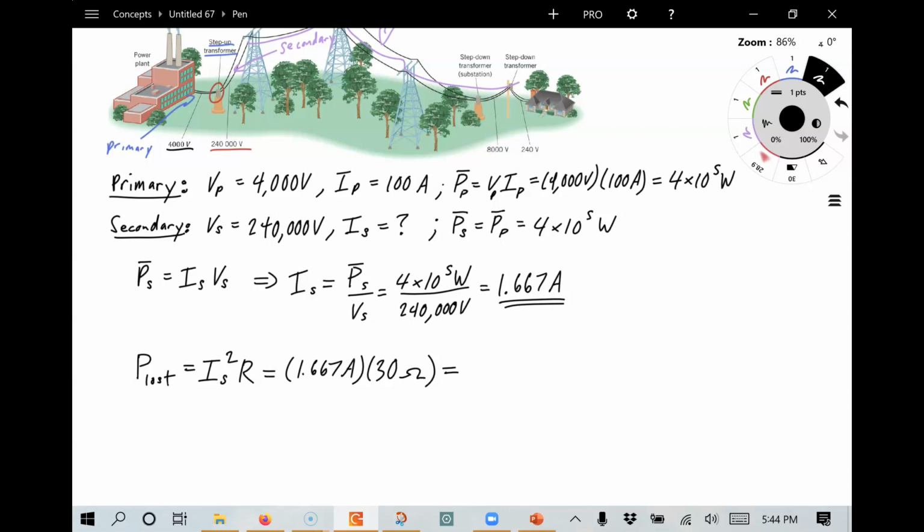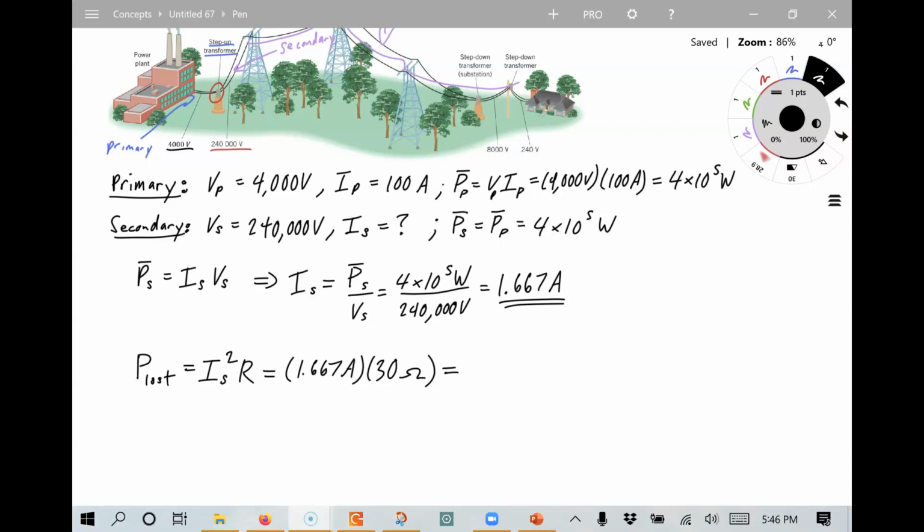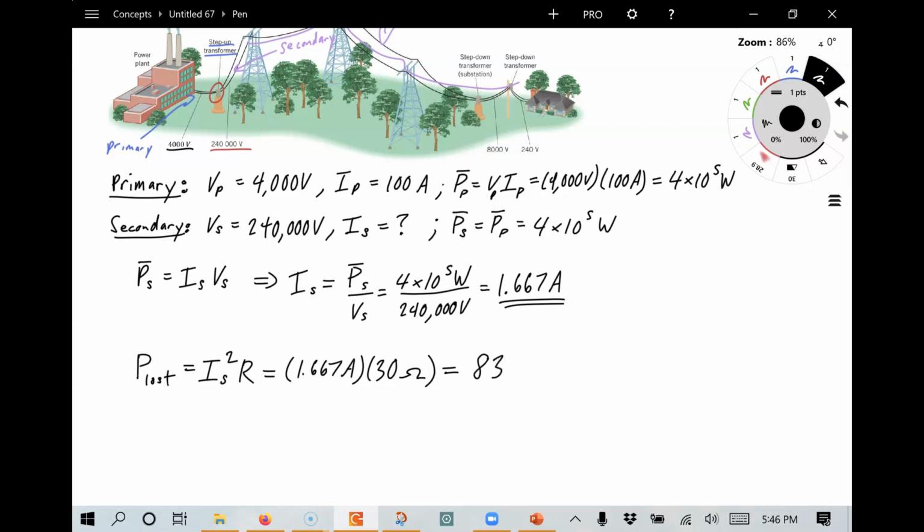Putting that into the calculator, we get a value that is equal to 83.3 watts.